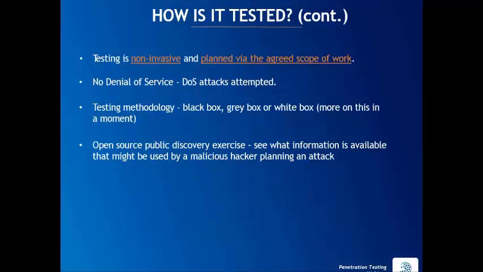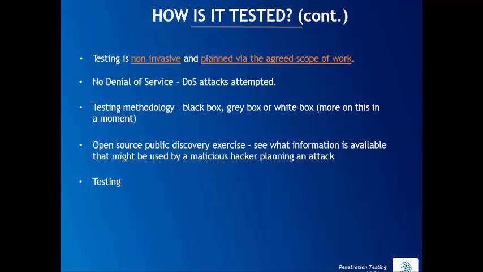So our testers will go across the internet, and anything that's publicly available we would look at to see if there was anything about your company, anything in chat rooms, anything on blogs, anything that we feel could give someone reason to launch an attack on you. Is someone saying bad things about the company? What's the feeling about the company? That gives us an idea of where your standing is within the wider marketplace.